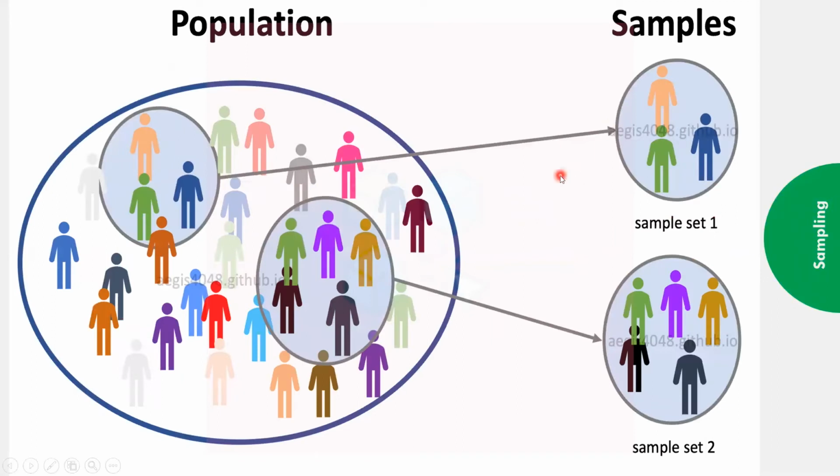In this figure, you can see there are two samples, sample set 1 and sample set 2. So the procedure is called the sampling, in which two different samples are selected. One is having 3 elements and the second one is having 5 elements, 5 sampling units or 5 persons. Both may have the same objects, the common objects or different objects.